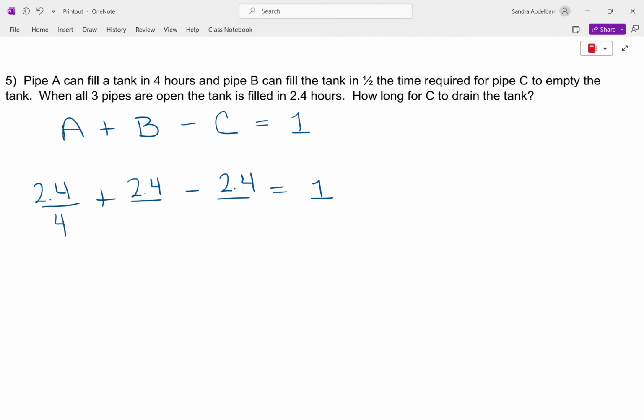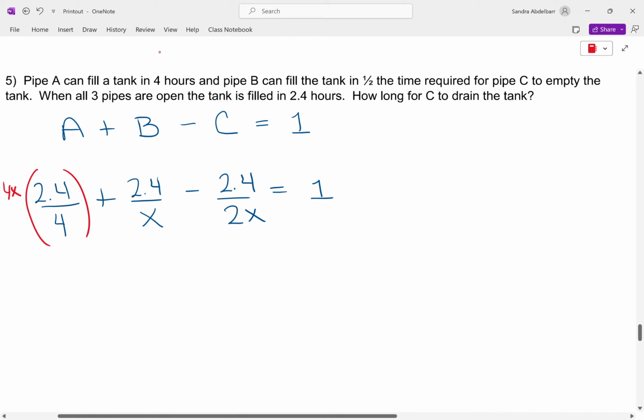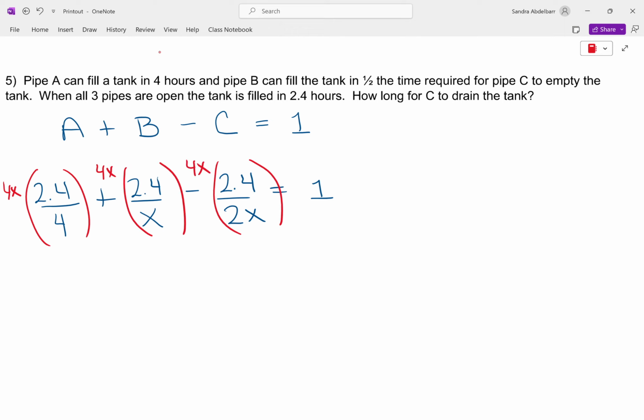So if pipe B can fill the tank in half the time of pipe C, that means if I call B x, then pipe C is 2 times pipe B. So that's going to be a 2x. So once again, I want to eliminate the denominator. How do I eliminate the denominator? Multiply everything by 4x. You got it.